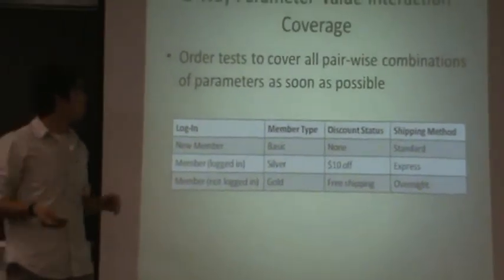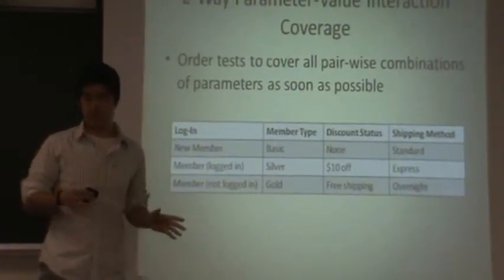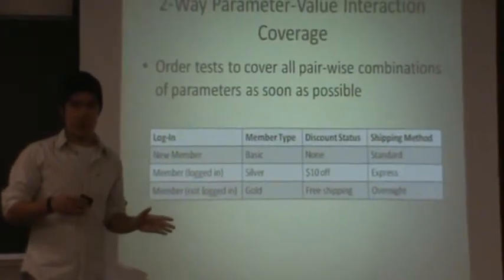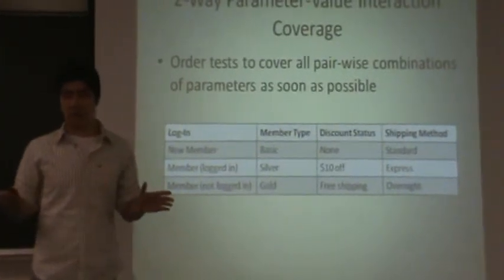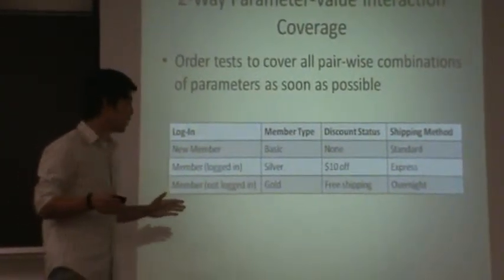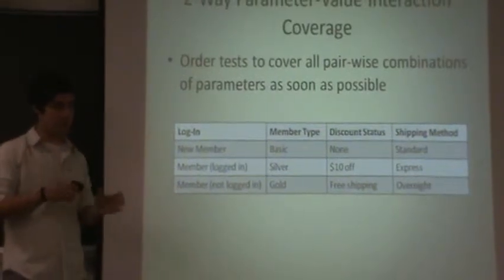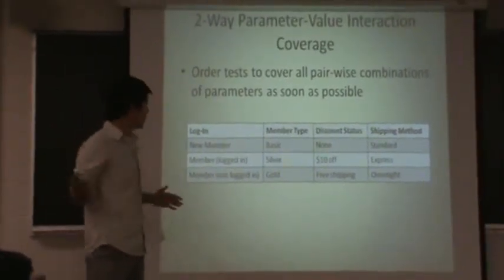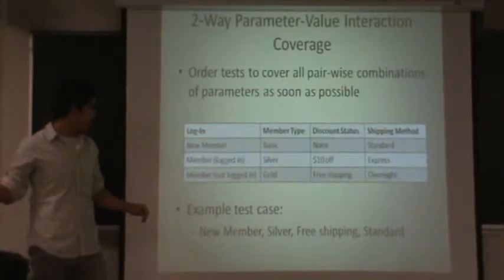So for two-way parameter value interaction coverage, it's like the previous example, but in this case we're not ordering the test cases to cover just all the parameter values. We're trying to cover all of the parameter value interactions between two pages. So here's another example using the same test case.